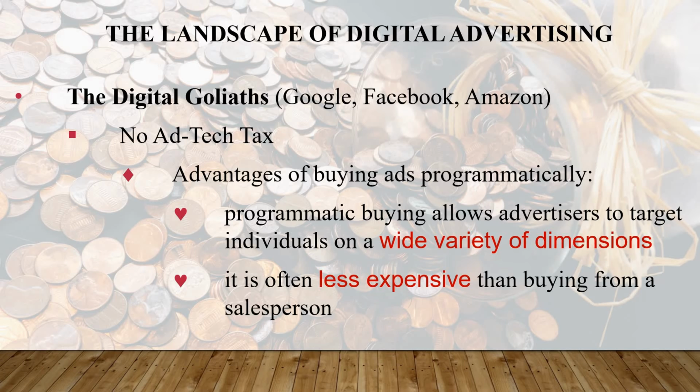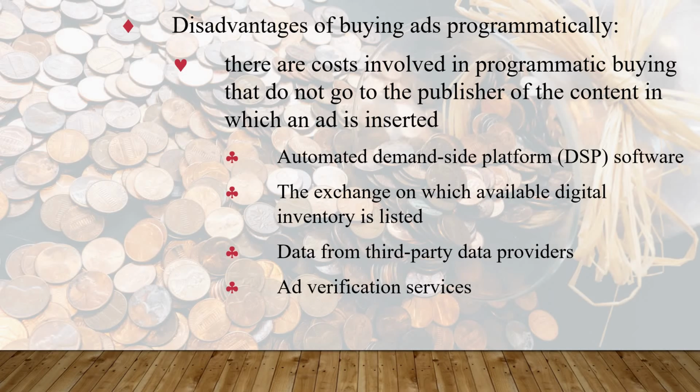You go onto an interface, use software to determine what it is exactly that you want, and the computer makes it all happen. Now, some of the disadvantages of buying ads programmatically. There are going to be costs involved that don't go to the publisher of the content in which an ad is inserted.